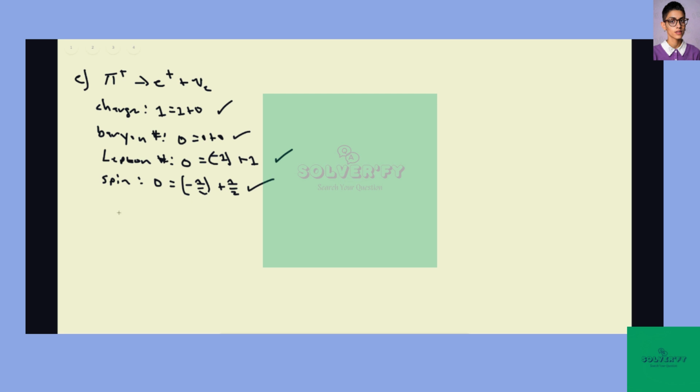Now we have strangeness. 0 is equal to 0 plus 0. So that's also conserved.